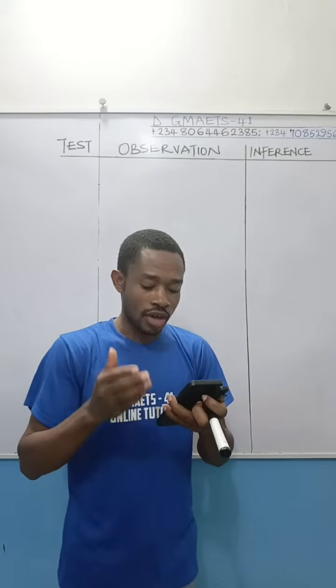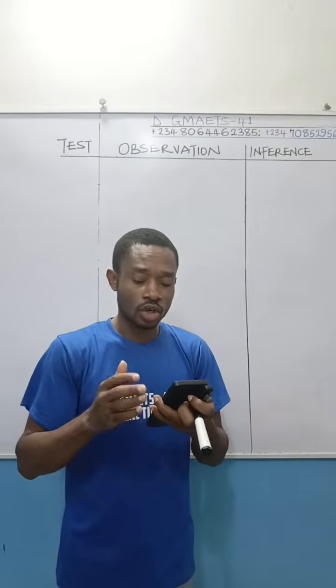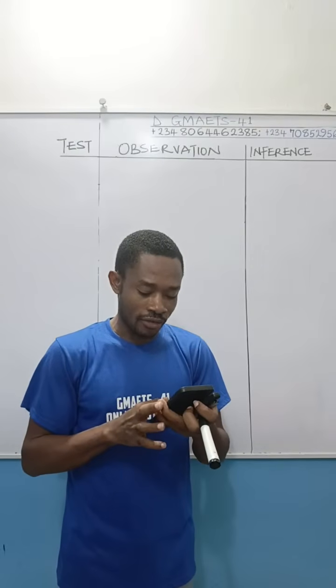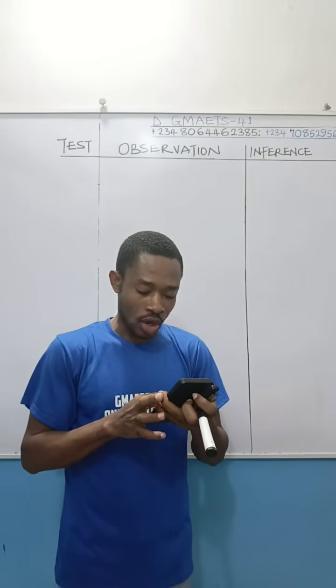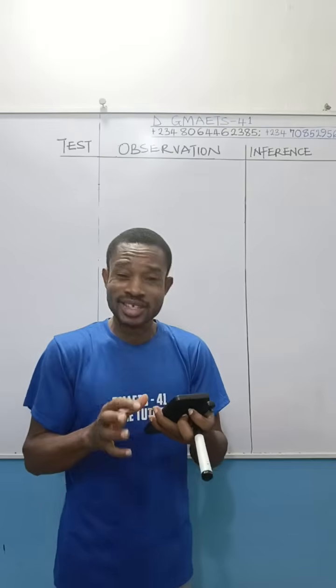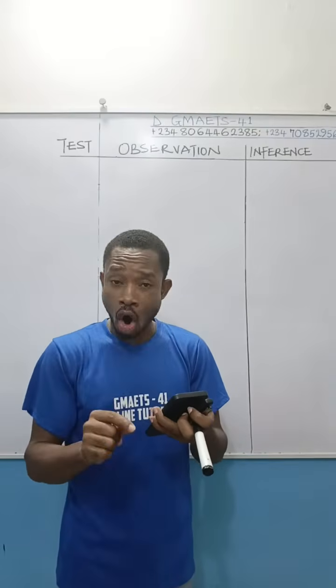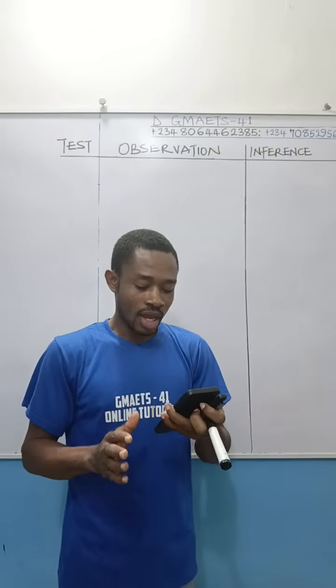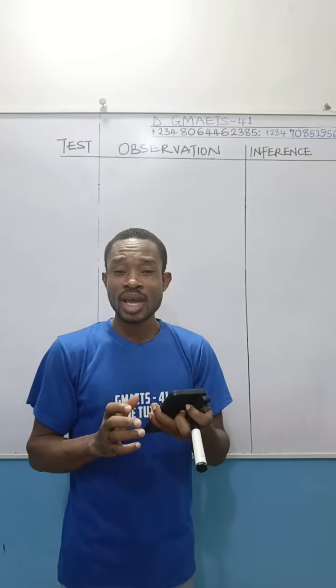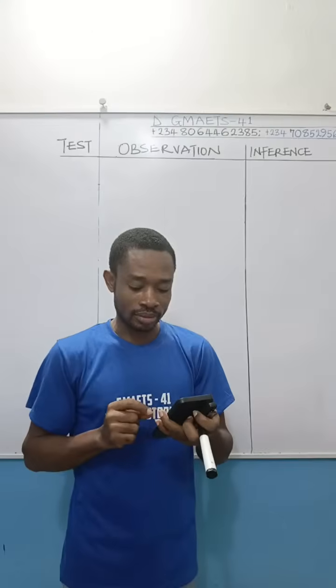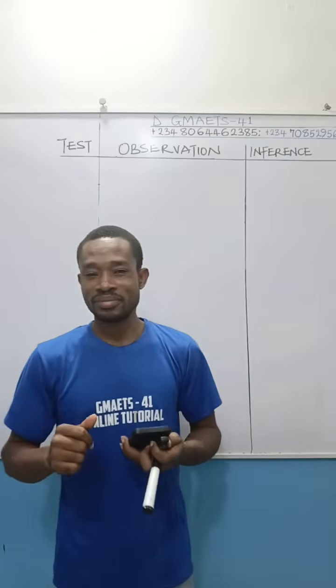Record your observations and draw your inferences as to the cation and anion present or absent. Identify the salt and write the IUPAC name. So that's the question.